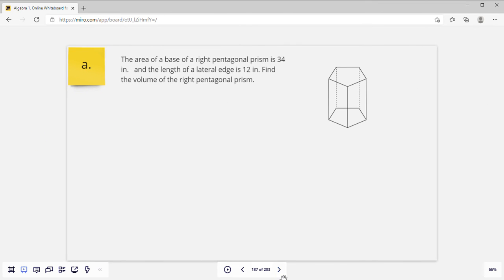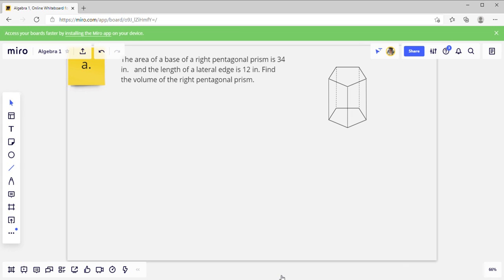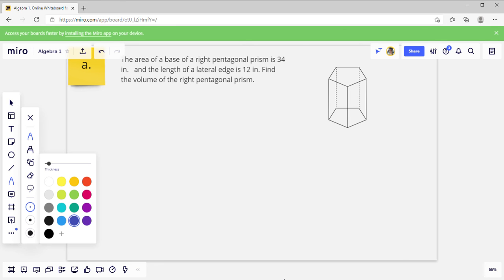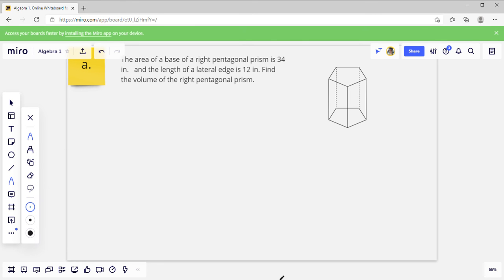All right, so practice problem A. The area of the base of the right pentagonal prism is 34 inches, that'll be squared. And the length of the lateral edge is 12 inches. So that means the area of this base right here is 34.